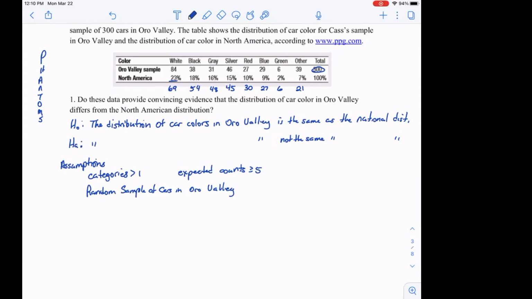We do have a random sample of cars in Oro Valley that was stated. And lastly, this is going to be independent because I'm assuming that 300 is less than 10% of all cars in the valley.